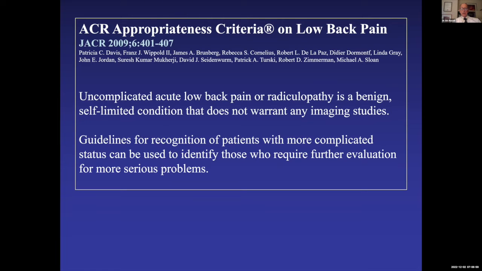This is the one on back pain, published in the Journal of the American College of Radiology in 2009. And you can see their statement: uncomplicated acute low back pain or even radicular pain is benign, self-limited almost all the time, and imaging is not warranted. And there are guidelines to recognize patients with more complicated problems who would benefit from imaging.